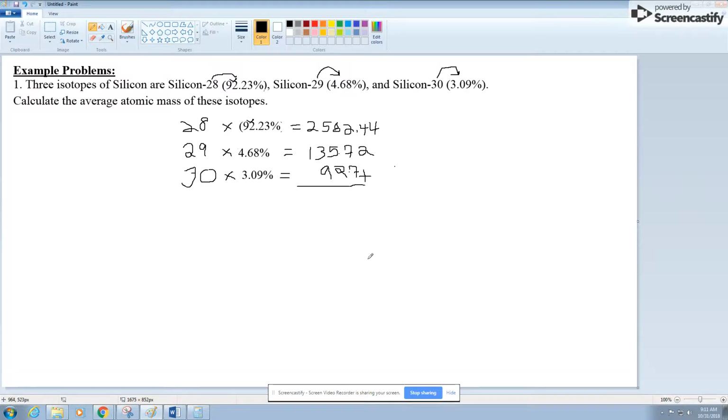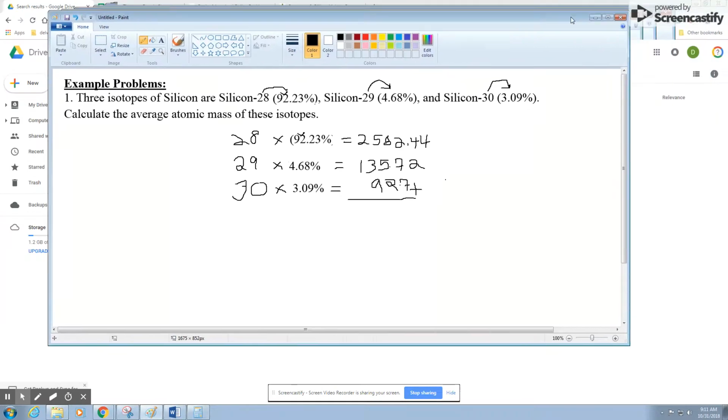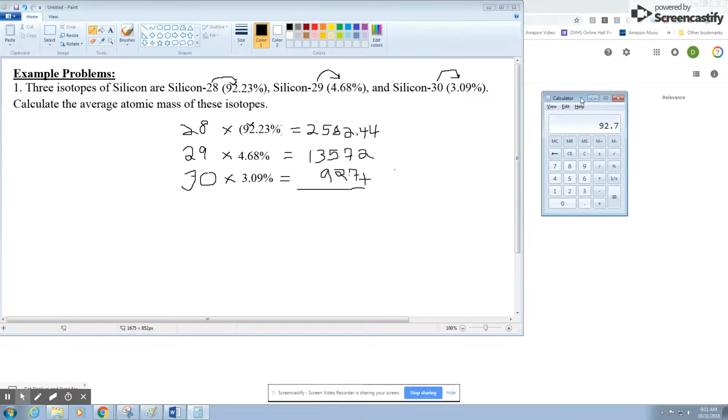I know it looks like I'm writing like a third grader, so please bear with me. I need to see the calculator while I do the next calculation. So we're going to add this to that to that. So 92.7 plus 135.72 plus 2582.44.